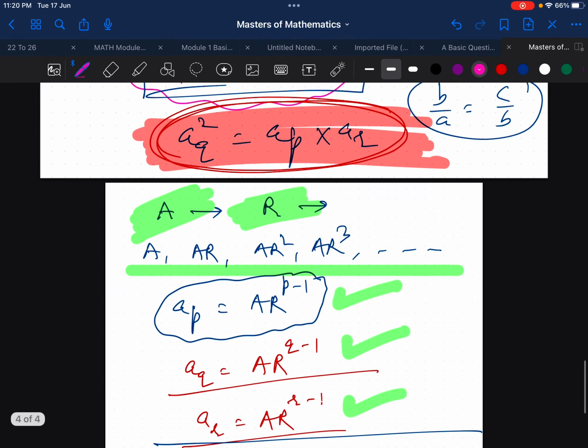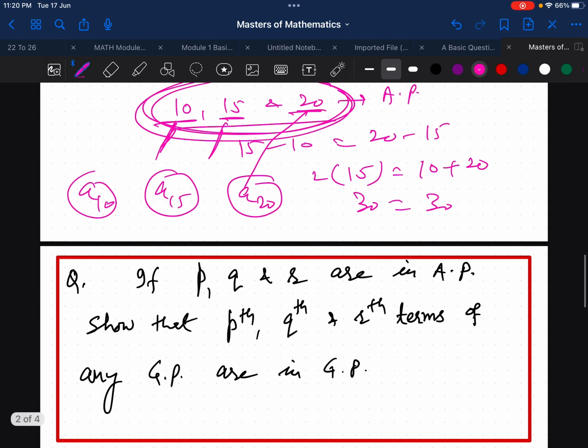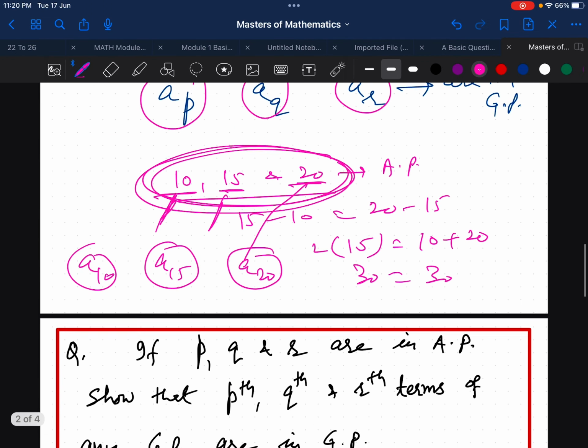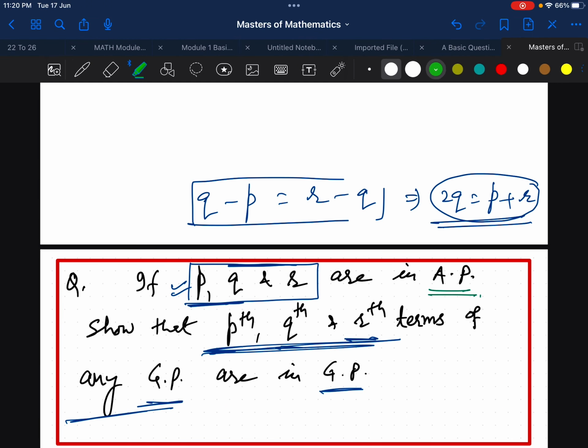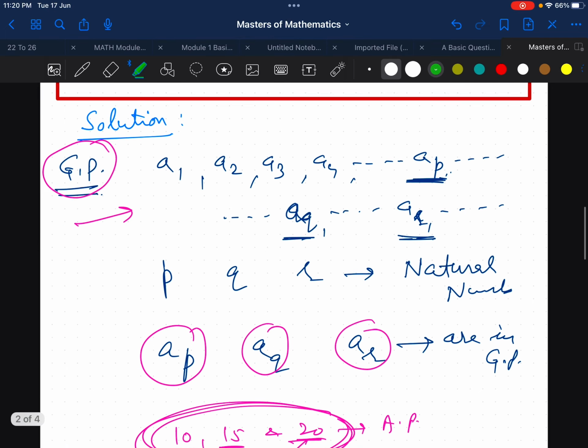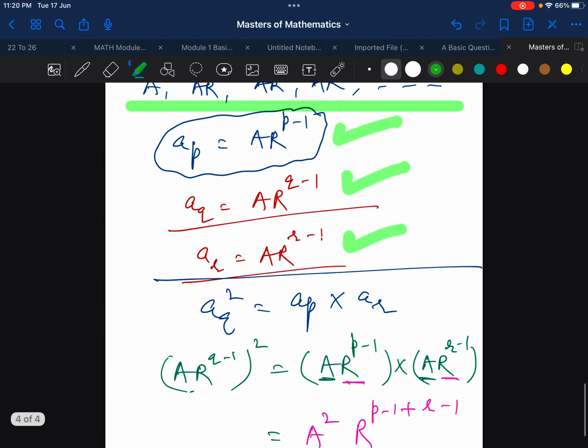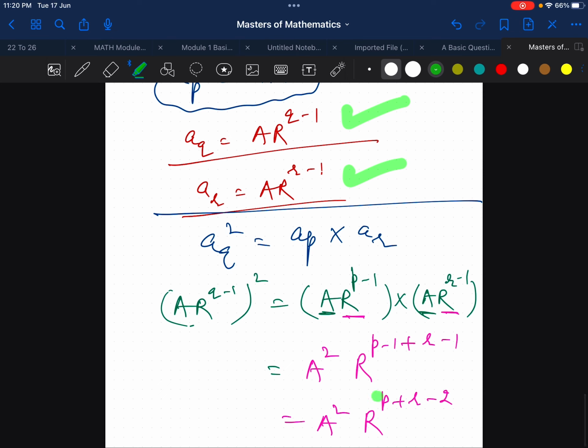And I know that P, Q and R are in AP. So I can write that 2Q equals P plus R, because it was given that P, Q and R are in AP. So here I can put P plus R as 2Q.